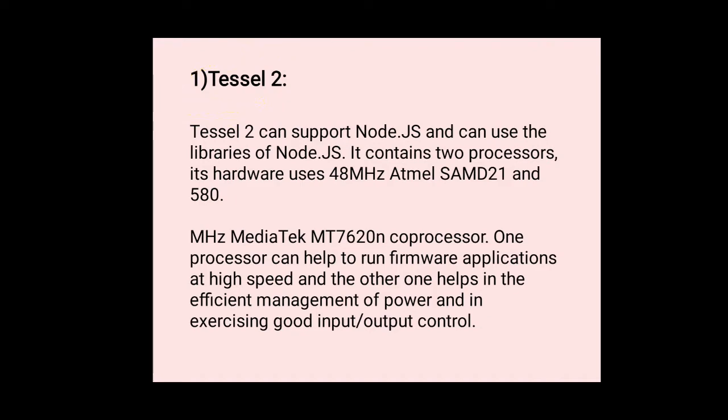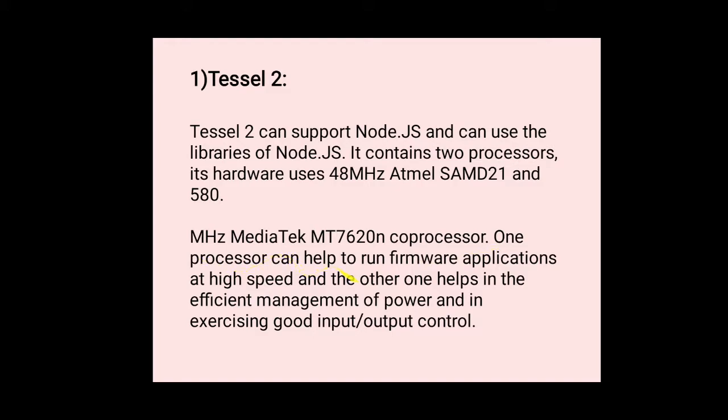Okay, first one Tazl 2. Tazl 2 can support Node.js and can use the libraries of Node.js. It contains two processors. Its hardware uses 48 MHz Atmel SAMD21 and 580 MHz MediaTek MT7620N coprocessor.